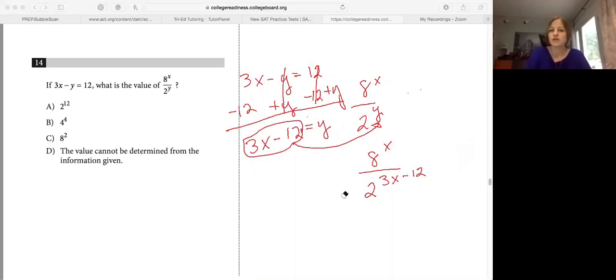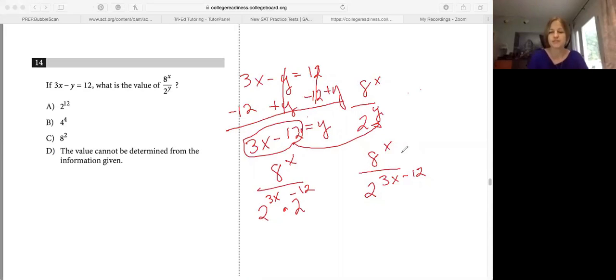I'm telling you this because now you can see that I could separate this denominator, right? So instead of 2 to the 3x minus 12, I can go backwards essentially, and say I have 2 to the 3x times 2 to the negative 12th. So I've broken up that exponent and gone back to having the base of 2.